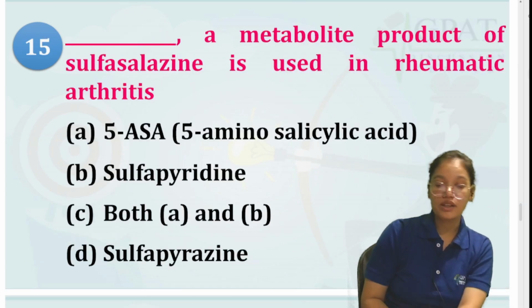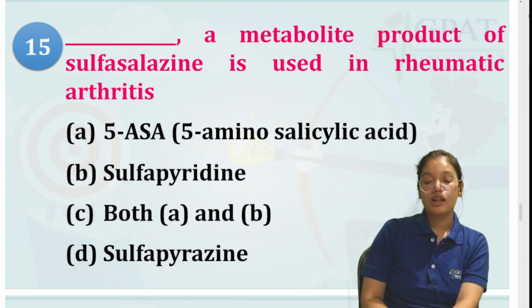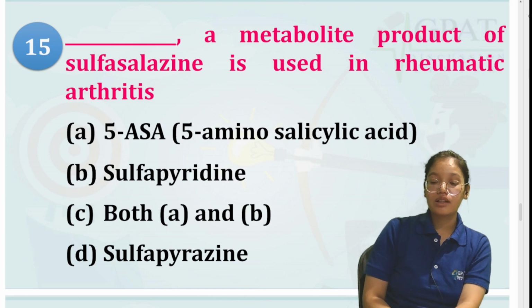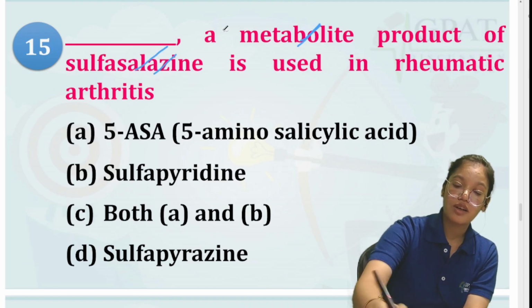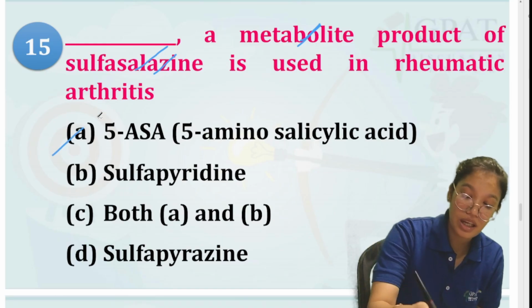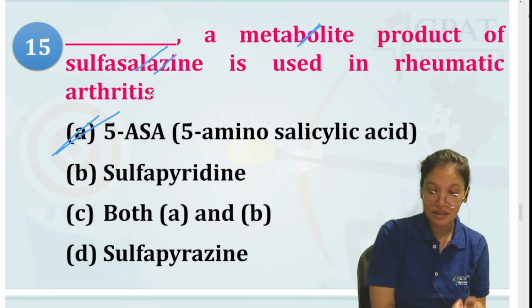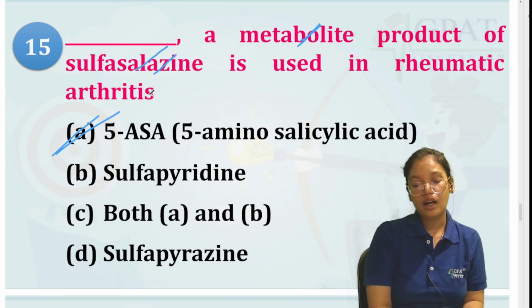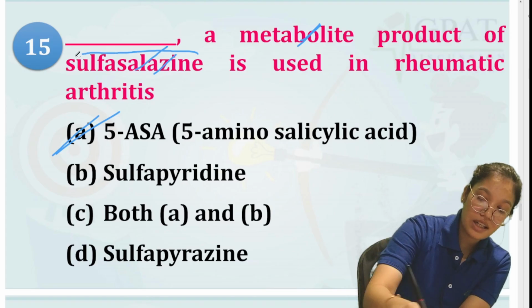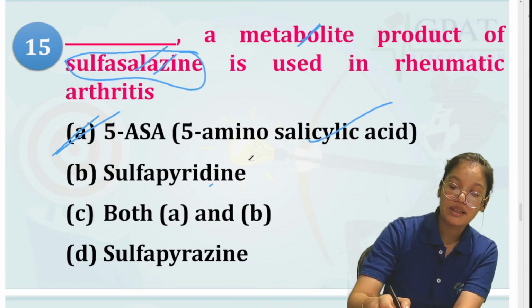Okay, now the next question: dash, a metabolite product of sulfasalazine, is used in rheumatoid arthritis. Now they are asking about the metabolic product of sulfasalazine. Let's look at the options first. A is 5-amino salicylic acid, B is sulfapyridine, C is both A and B, and D is sulfapyrazine. Sulfasalazine has two metabolic products, that is 5-amino salicylic acid and sulfapyridine.